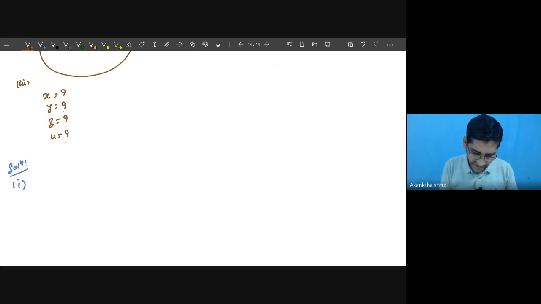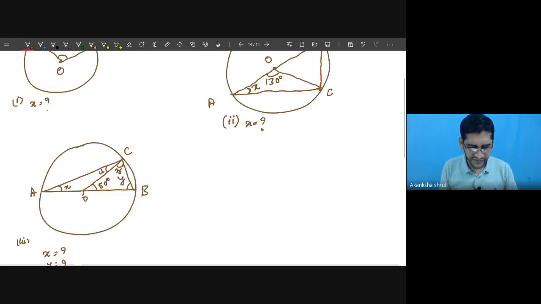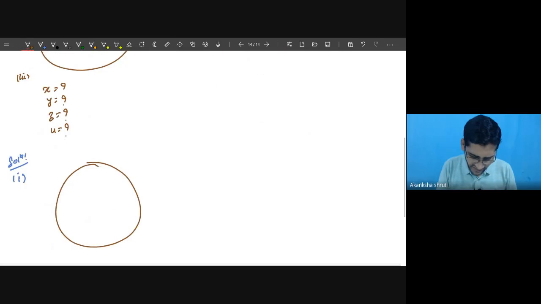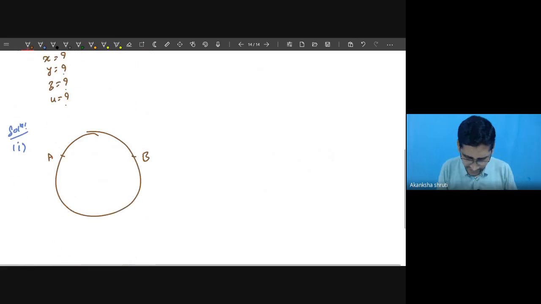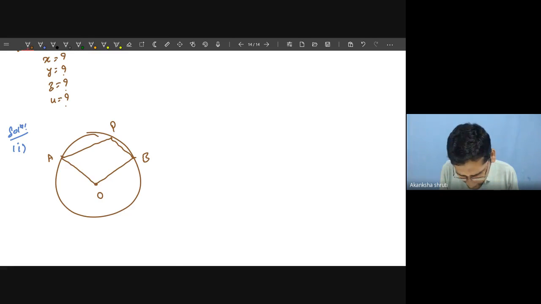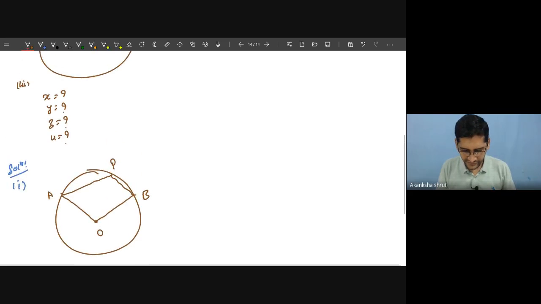Our figure is ABPO: A, B, any point P, and this center as O. So the figure is something like this.